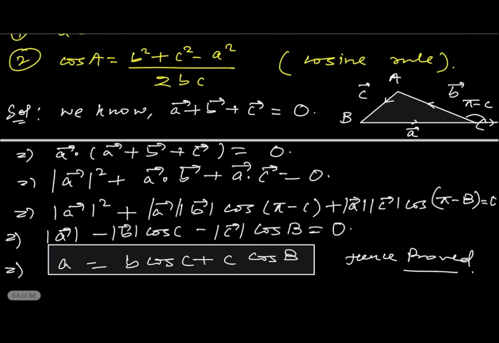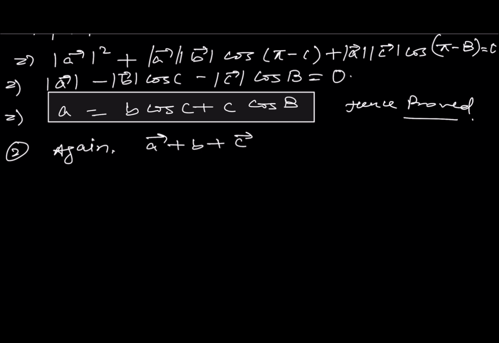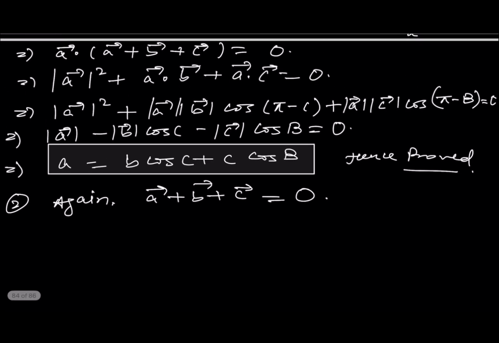Now come to the next part. Again, a vector plus b vector plus c vector is equal to 0, right?